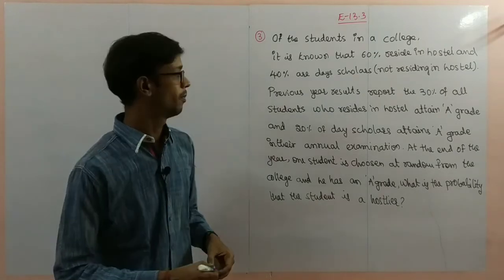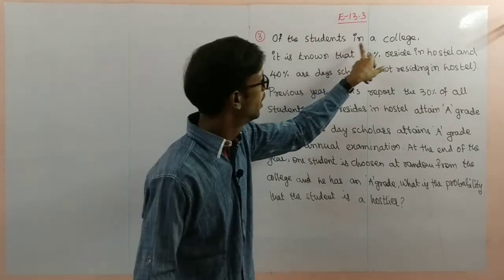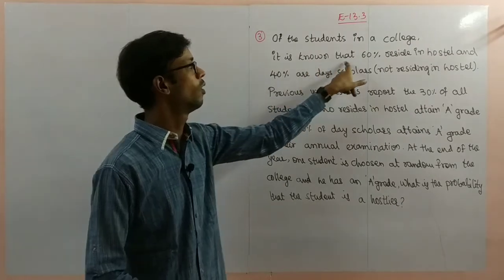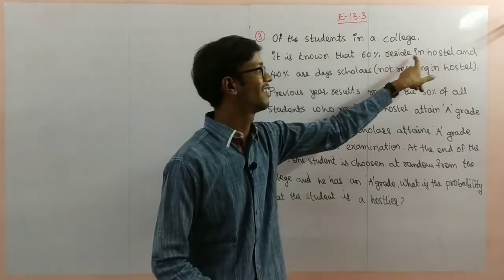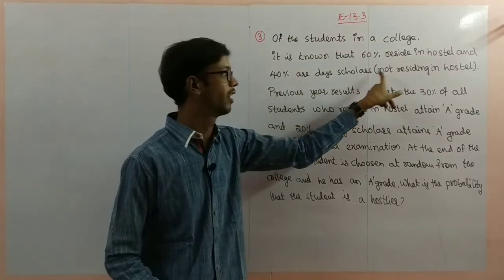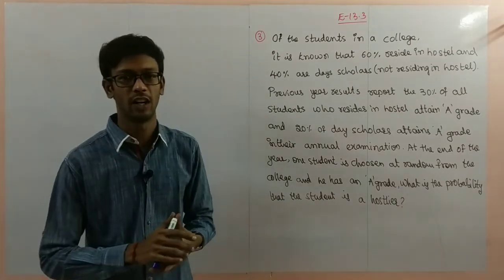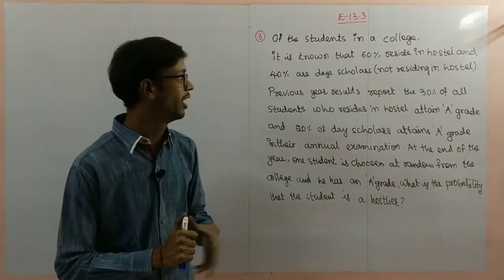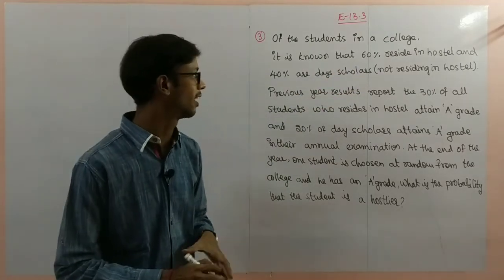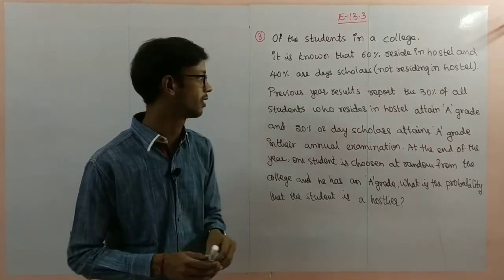Now see problem number 3 in the exercise. In one college, it is known that 60% reside in hostel and 40% are day scholars, that is, not residing in hostel. Total 100%, one college is there. In that college, 60% of students reside in hostel and 40% are day scholars.